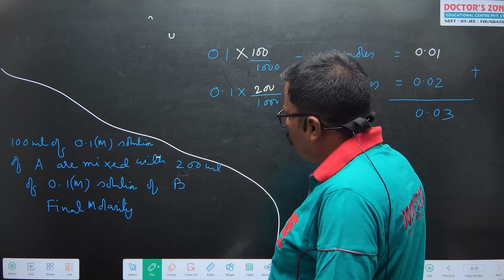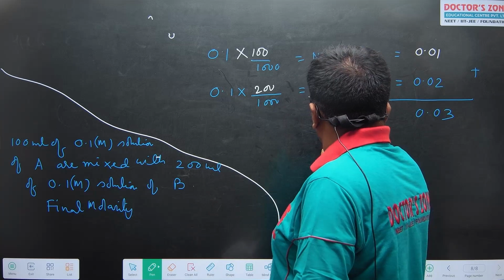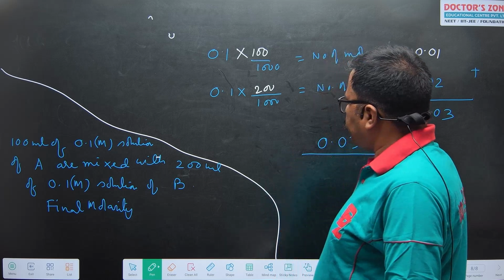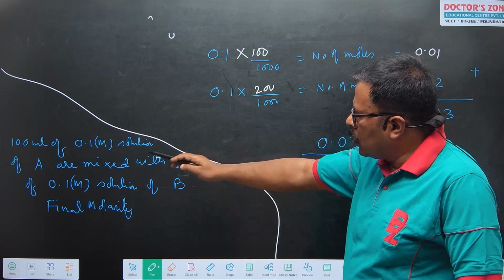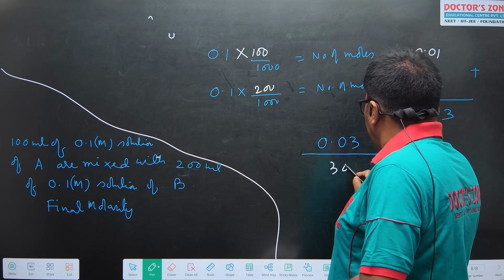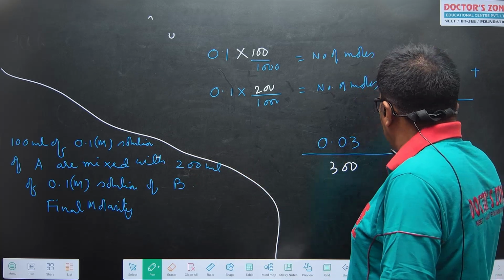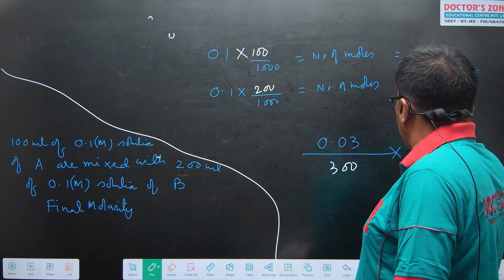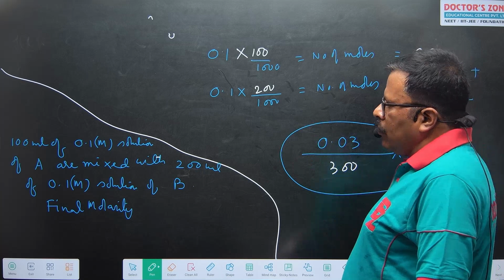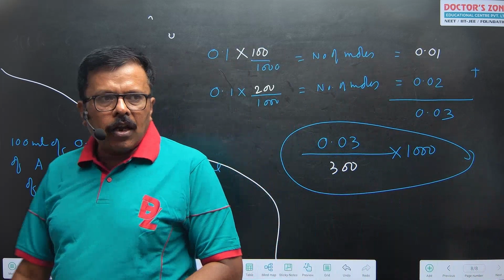So the final molarity will be 0.03 by the total volume of the solution, which is 100 plus 200, 300, and since it is in ml, you have to multiply it by 1000. This will give you the final molarity.